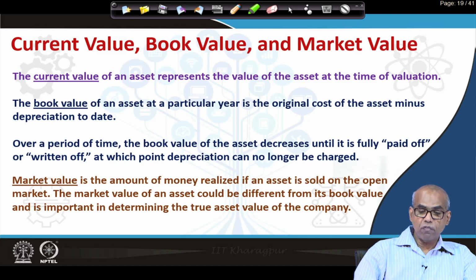The market value of an asset could be different from its book value, because on the open market your asset may be sold at a higher price or lower price than the book value. Market value is important in determining the true asset value of the company.